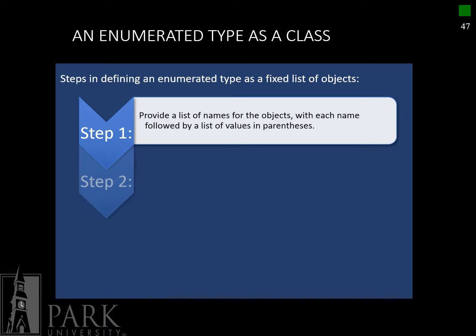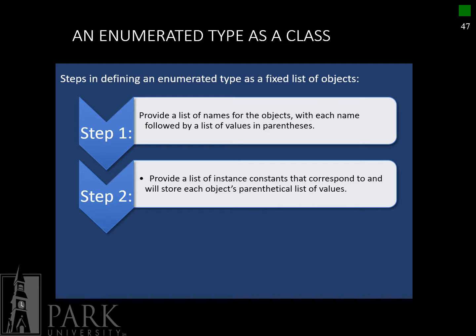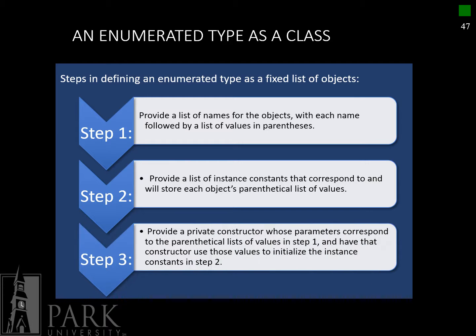Step 2 is we list the instance constants that will be associated with each enumerated item. In step 3, we provide a private constructor to build each enum item with. All right. Because the constructor is private, it cannot be called from outside of the enumerated type definition.